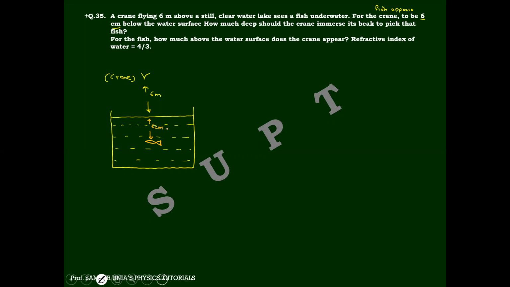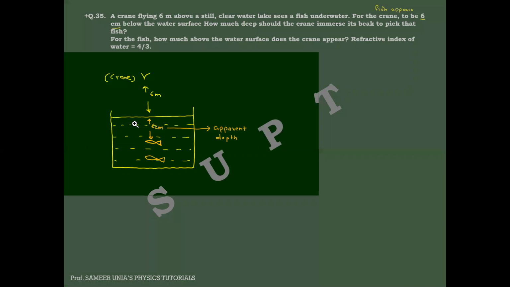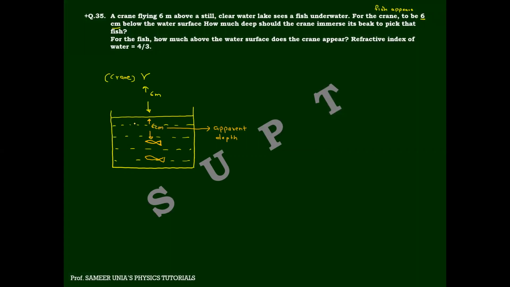That means this is which depth? Apparent depth. Real depth of the fish will be somewhere else. थोड़ा और नीचे रहेगा, याद है ना, ऊपर दिखाई देता है जब आप पानी में कोई चीज देखते हो. So this is actually the real depth.